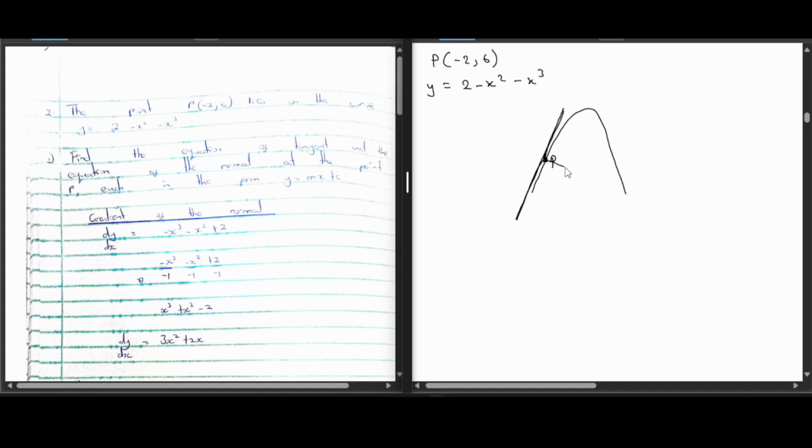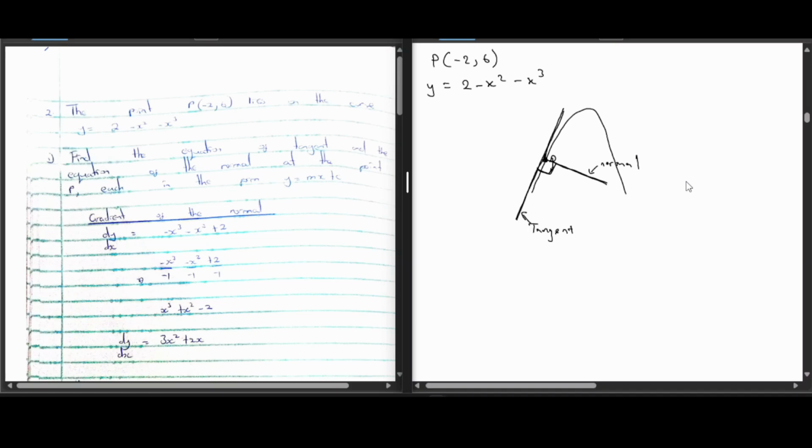So if we put a line like this, then this is 90 degrees. This line will be the tangent, and this line will be the normal.